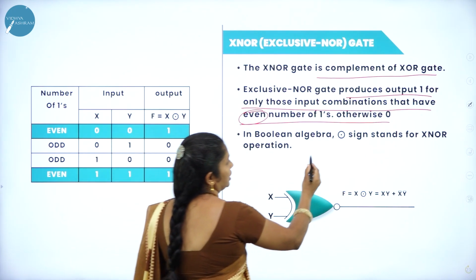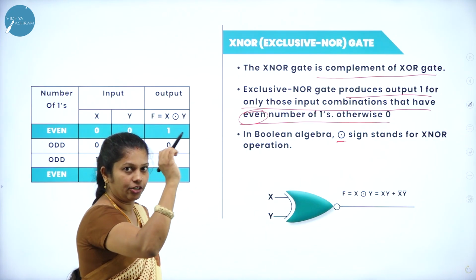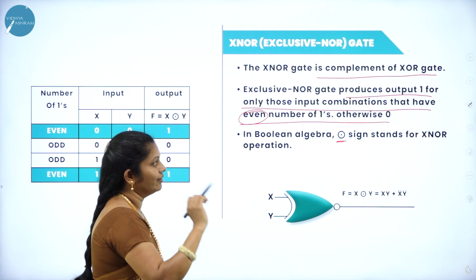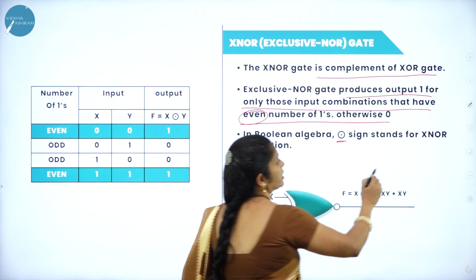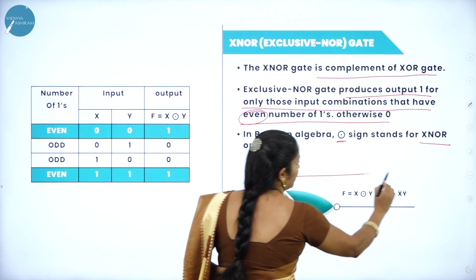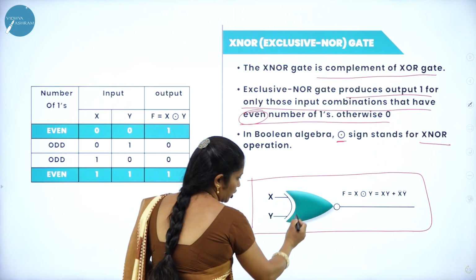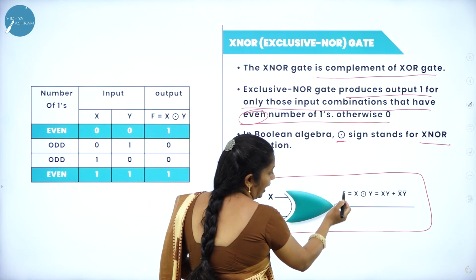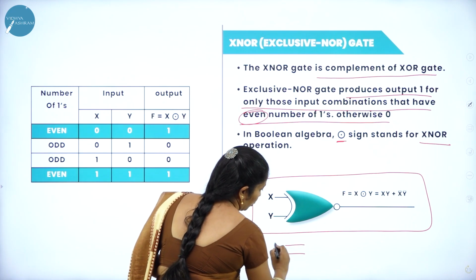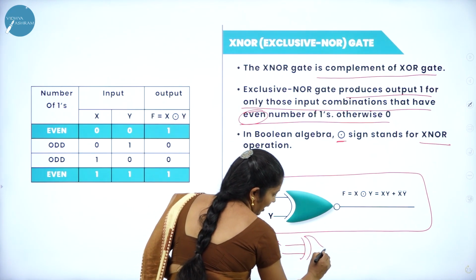In the Boolean expression, this is the operator we are using. That is, you have to write one dot, and for the dot, you have to write a circle. That's the operator represented for the exclusive NOR gate. See the symbol here? This is the symbol for two variables. X and Y are two inputs. In the exclusive OR gate, how will we write? Two inputs X and Y. Here we'll connect one more circle, reverse C, and then we'll connect.